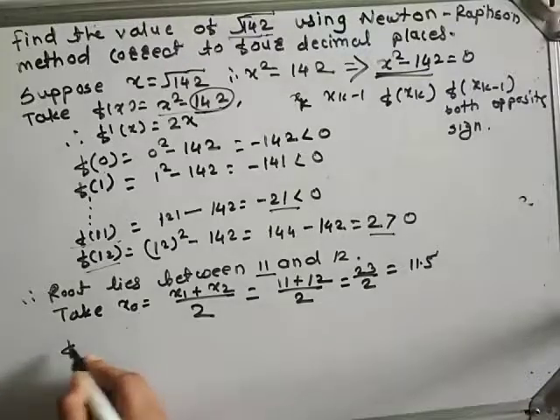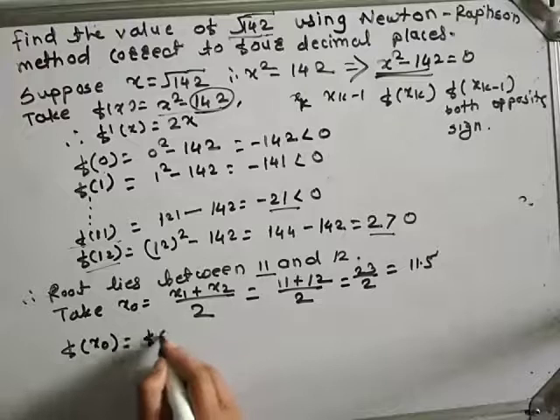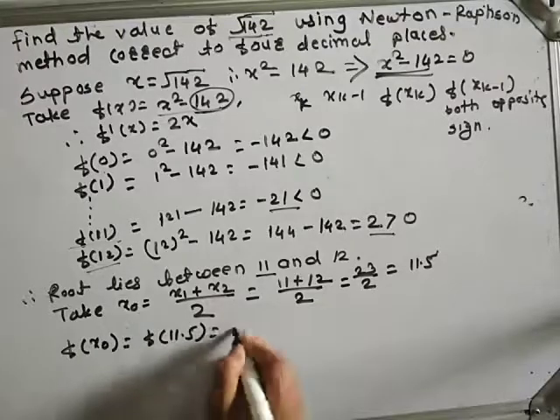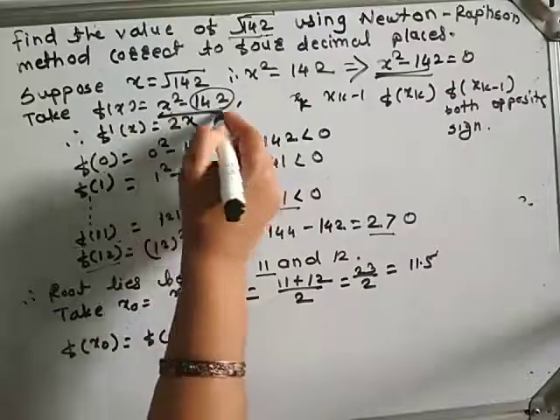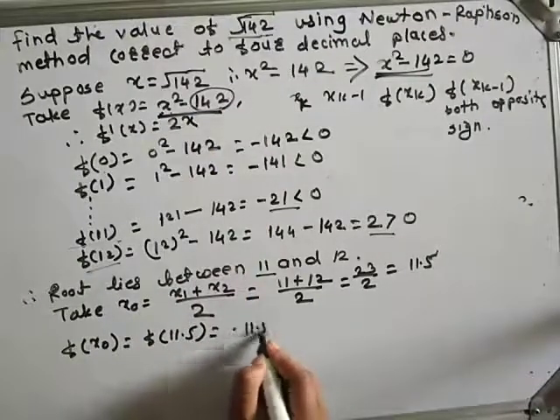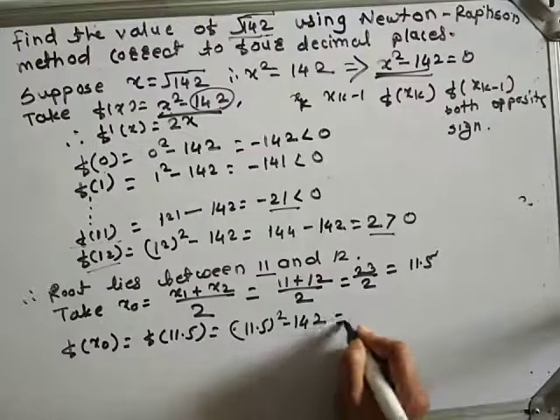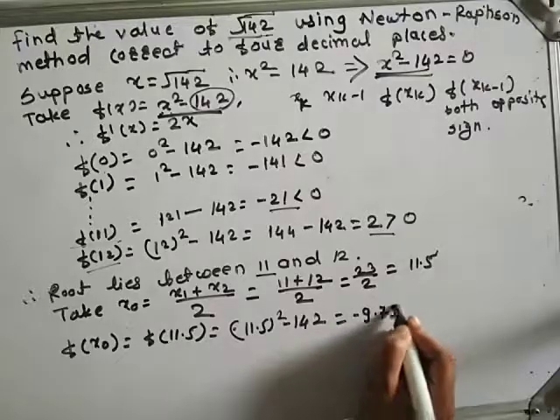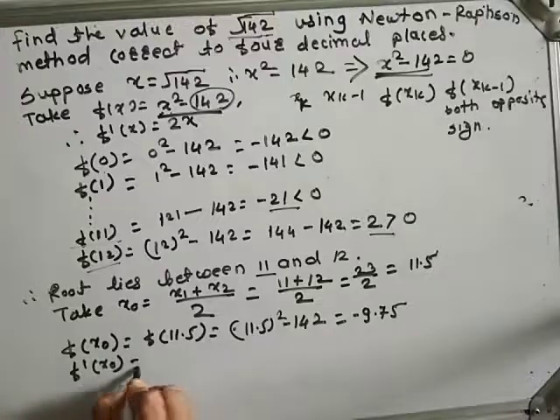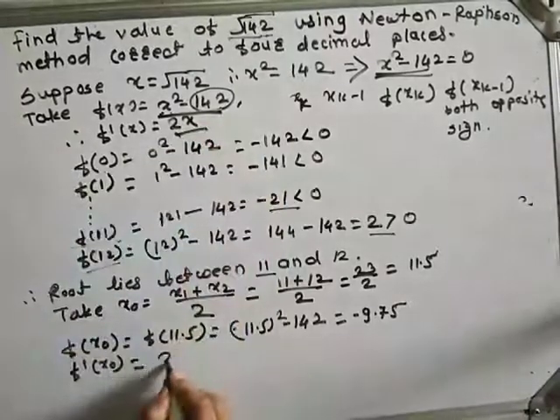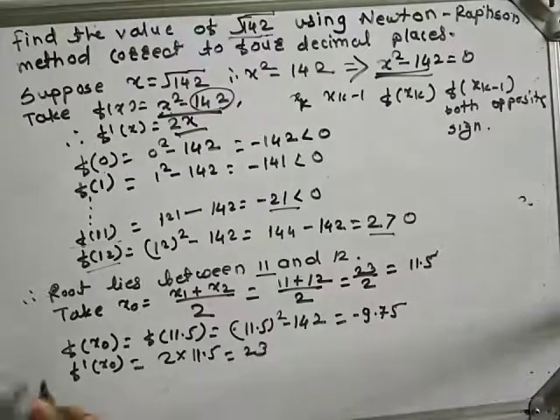Now first we find f of x0. f of x0 is f of 11.5; put x is equal to 11.5 in this equation, we get 11.5 square minus 142, which is equal to minus 9.75. Next, f dash of x0 is equal to 2 into 11.5, which is equal to 23.